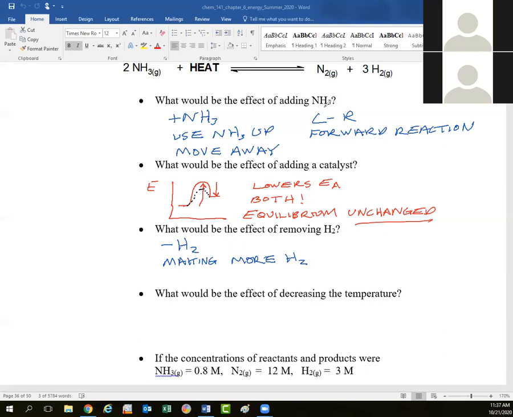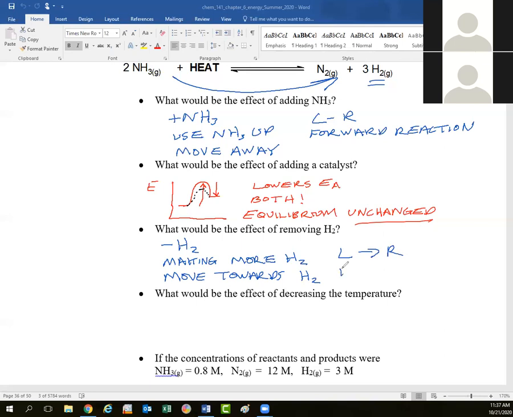So we said our mantra for removing chemical was, and there's our hydrogen there, when a chemical is removed, we move towards the chemical, using up ammonia to produce more nitrogen and hydrogen. That's how we compensate. That's a movement from left to right.